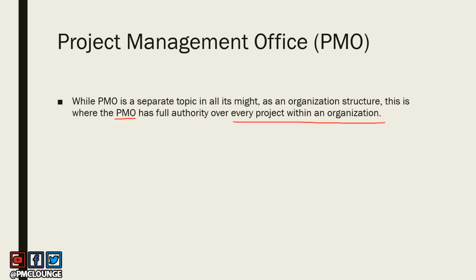So a PMO might even assign a project manager to a project in the organization. A new project comes in, the PMO assigns a new project manager to that project. The PMO might also be responsible for assigning the project team to the project, right? So that's how PMO might function.